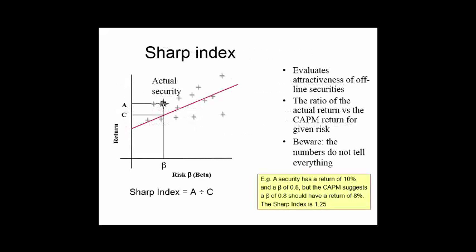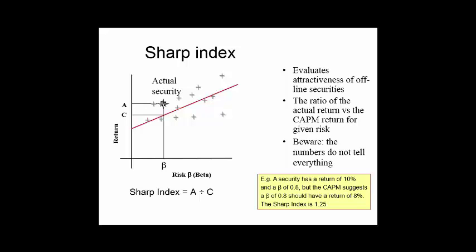A way of identifying misvaluation in the market is by the use of the Sharpe index. The Sharpe index is a development of the CAPM model and is a useful conceptual tool for looking at the appropriateness of risk-return combinations.